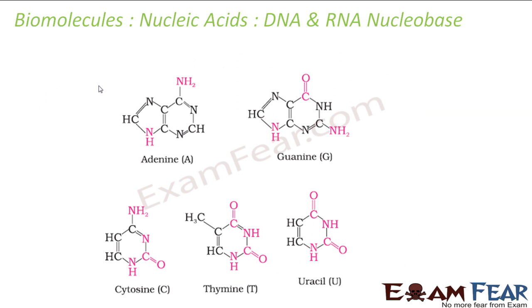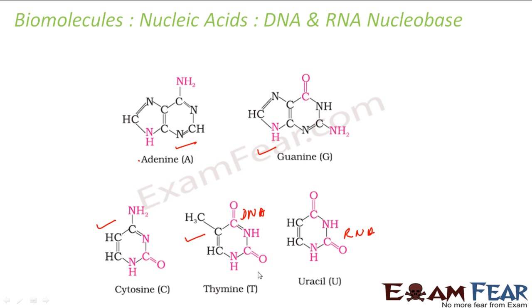If we talk about the nucleobase, in DNA we have four nucleobases: adenine, guanine, cytosine, and thymine. In RNA, instead of thymine we have uracil. The others are common to both.